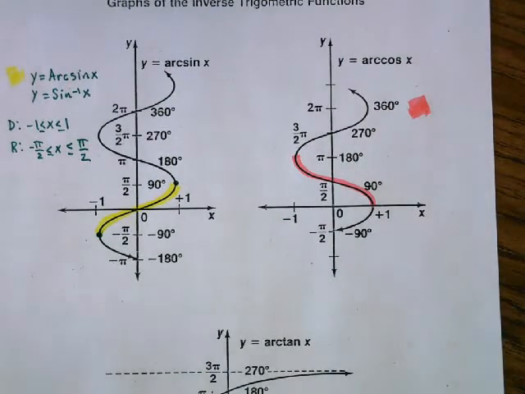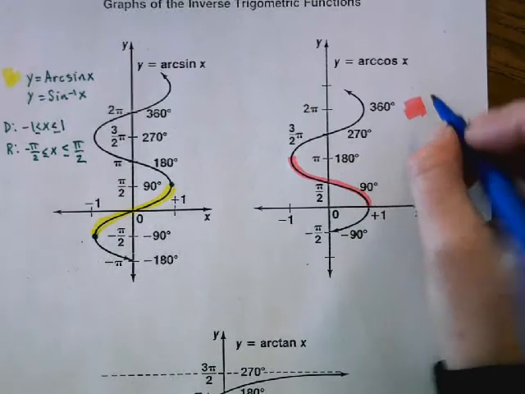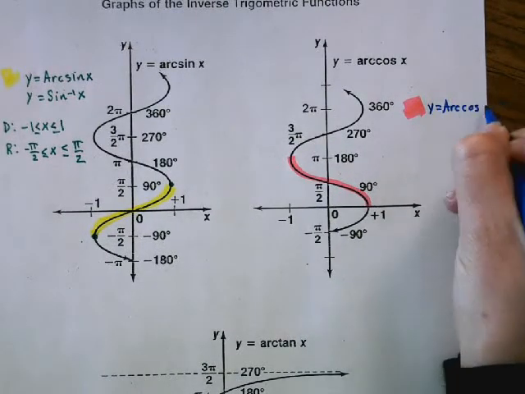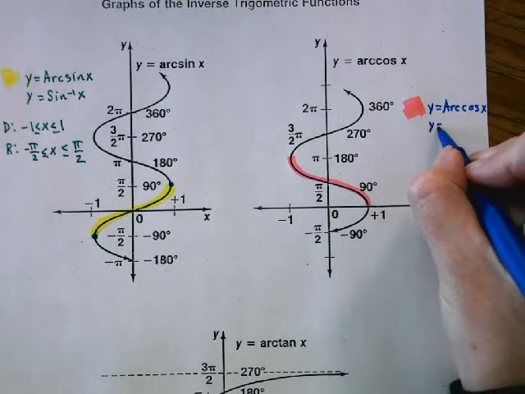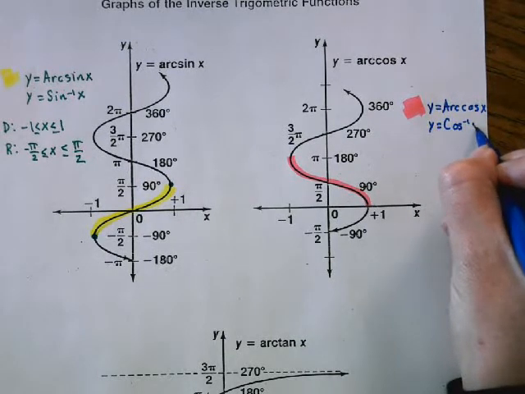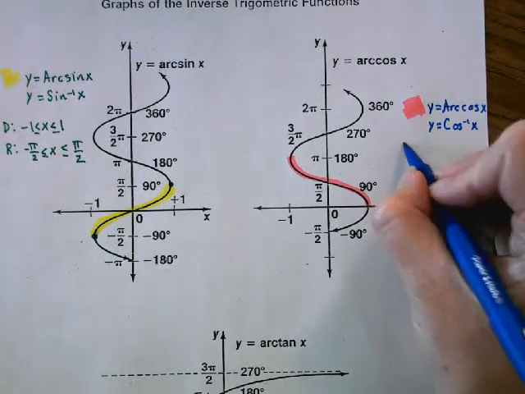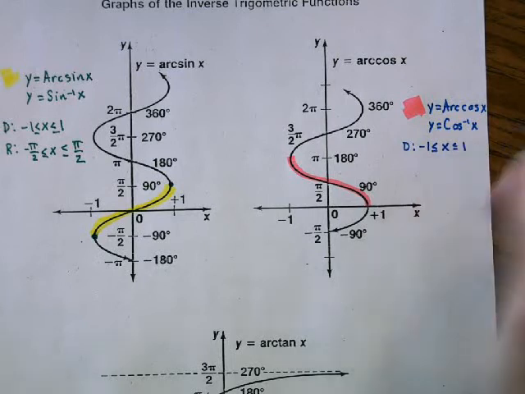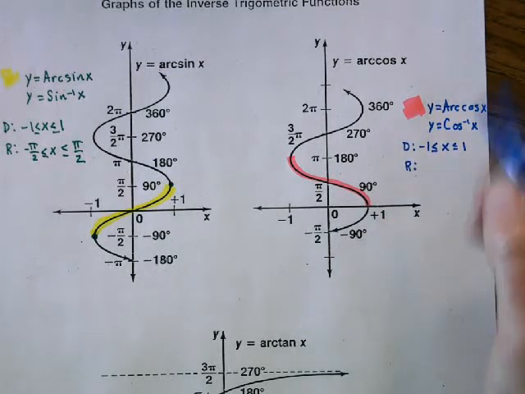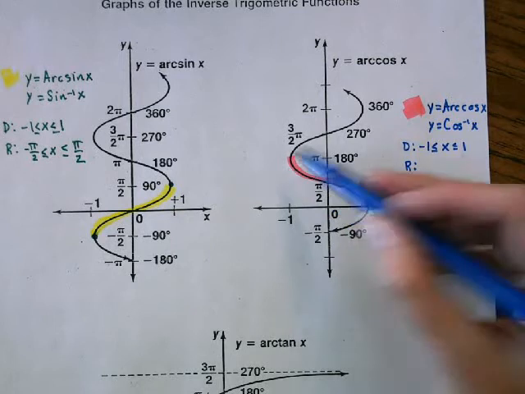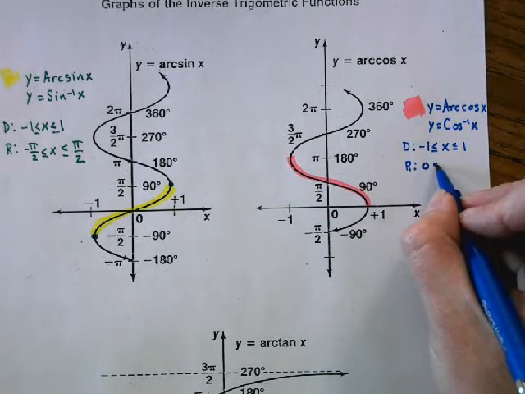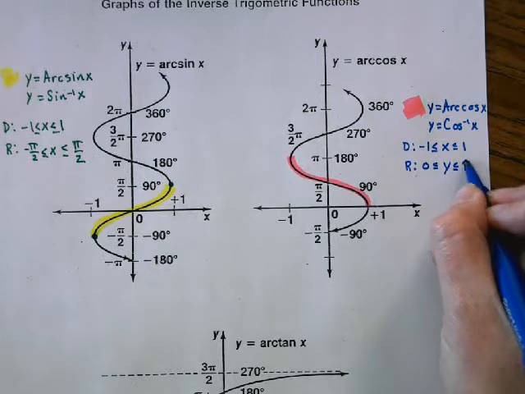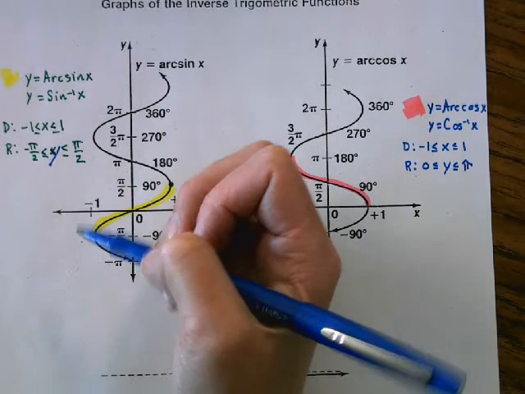So here, my inverse function would be arccosine, or cosine inverse of x. This one's domain is still from -1 to 1. Its range, the y values, go from 0 to π.